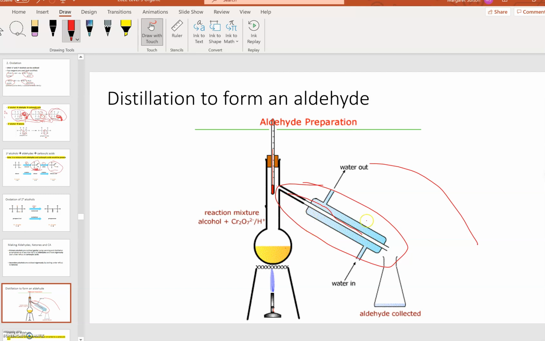That rushes cold water around this glass tube, which cools the inner glass tube down, so the hot gas that's produced up here hits this cold glass and condenses back into a liquid. The aldehyde goes drip, drip, drip, and we can collect the aldehyde down here. So this is a wonderful piece of chemistry.